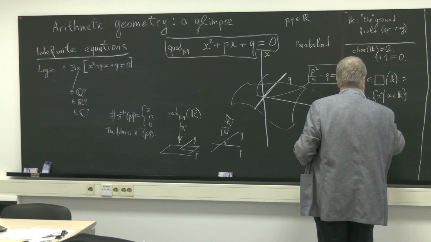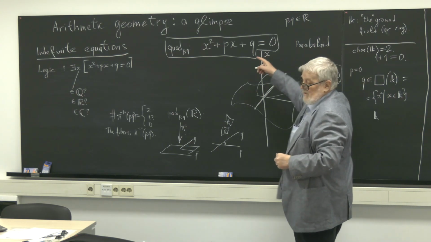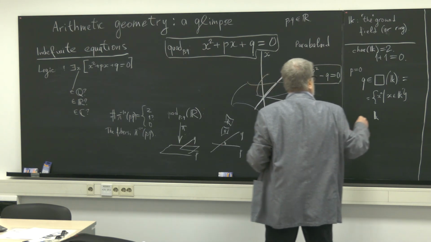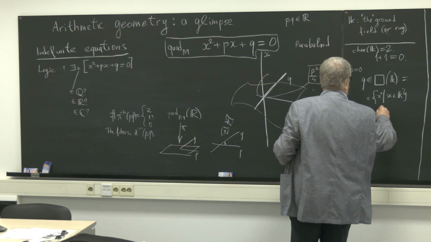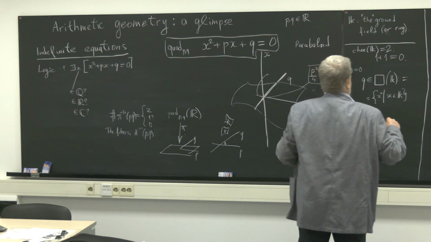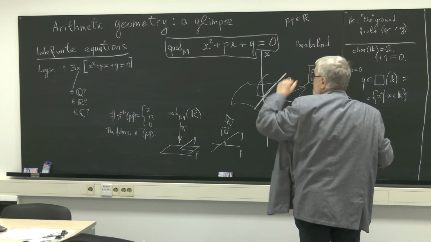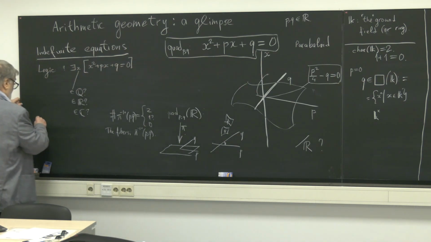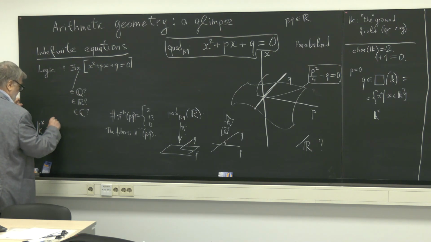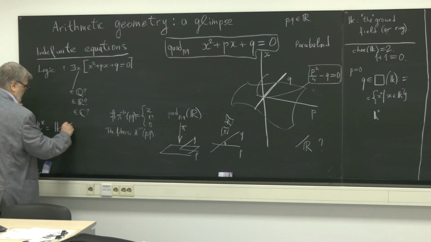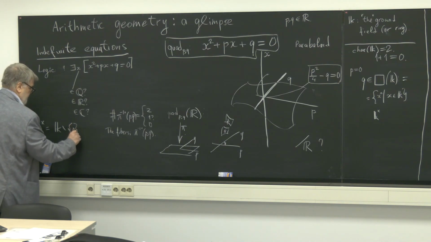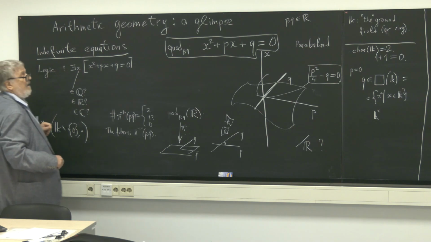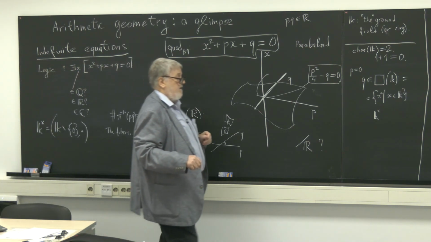Let's work over K. When Q is 0, it is really trivial. Well, we'll always use the notation, the multiplicative group, K without 0, and with the operation of multiplication.